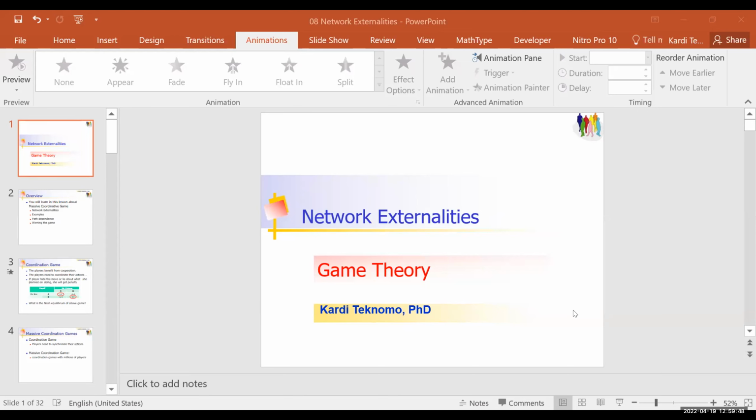So basically we are just discussing one type of game, the coordination game that we discussed earlier. The slide name is network externality. You can check this in Netera.